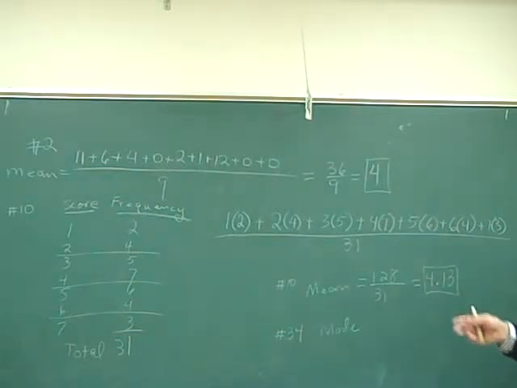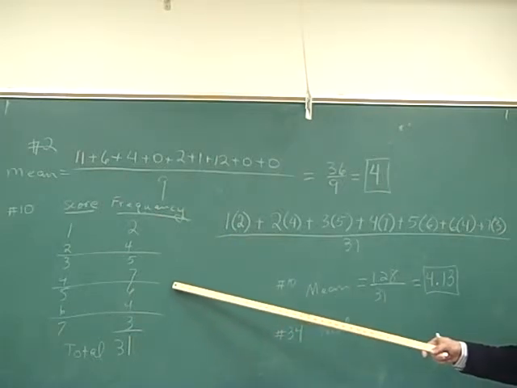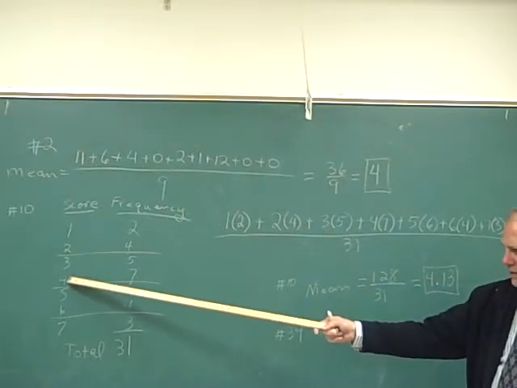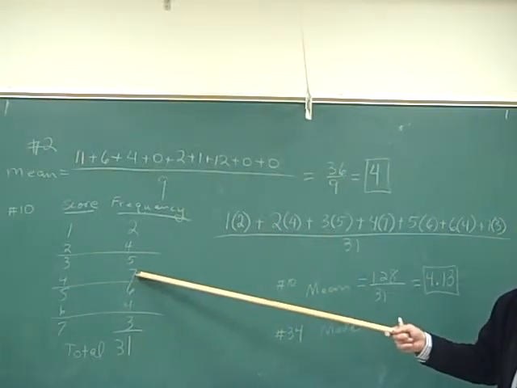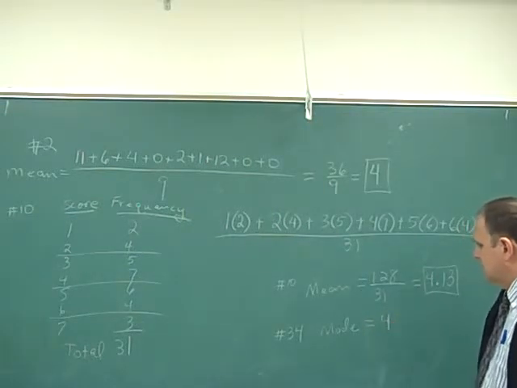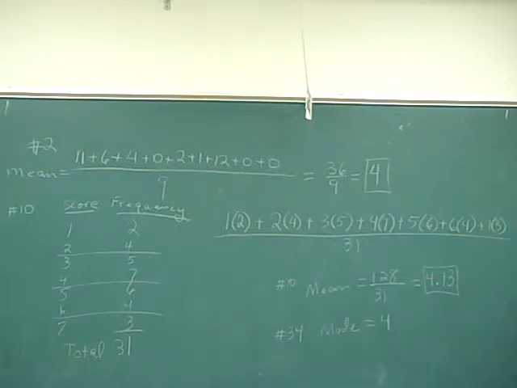So we go look at exercise 10, and we would say that our mode is what? It's 4, right? Why is it 4? Because it has the highest frequency, that's right. Okay? So that's our mode. So we would say mode equals 4. And that's all. Any questions with that?